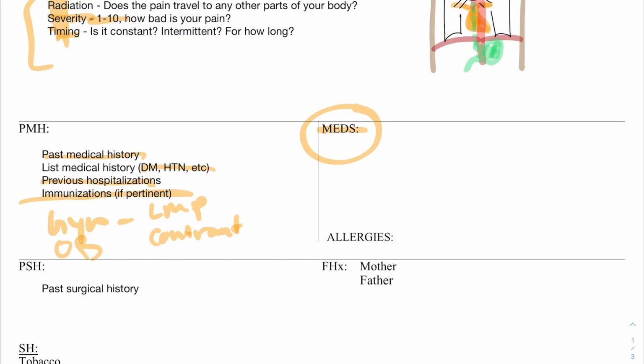If you have no idea what's going on with the patient, well, if they're coming in with, I don't know, dizziness, well, check the meds. Did they recently get started on a new blood pressure medication and now their blood pressure is tanking? Or they're coming in altered. Did they start on a new diabetic medication and their blood sugar is really, really low? So the meds will actually help out a lot, especially if you're stuck.